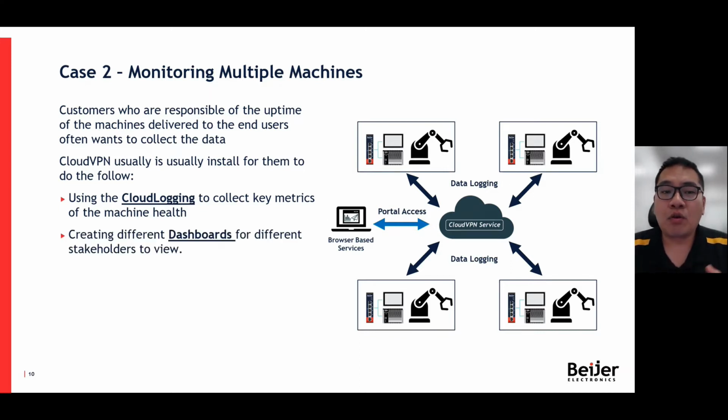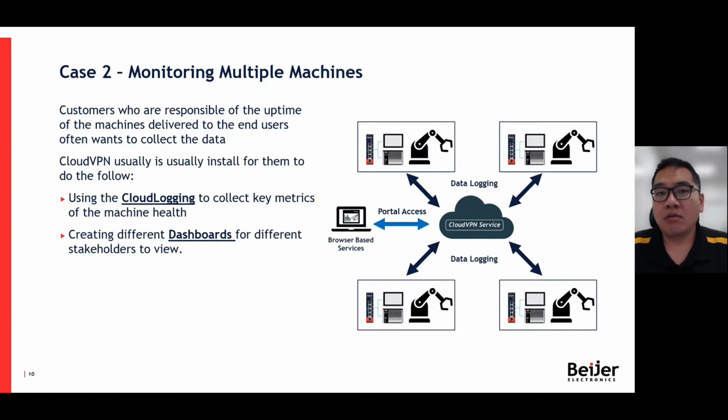They are also able to create dashboards showing different types of metrics for different stakeholders. For example, the maintenance engineer is definitely more interested in how long it has been running and when the next service is due.